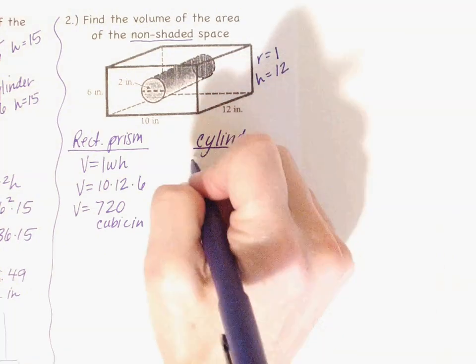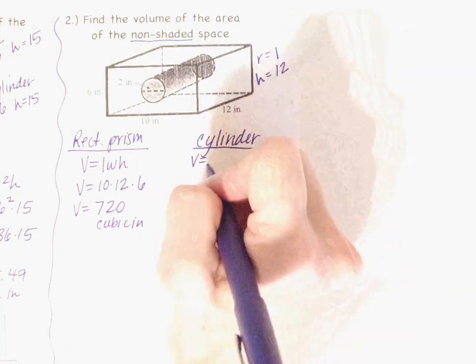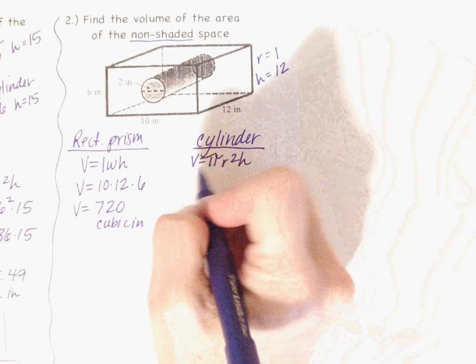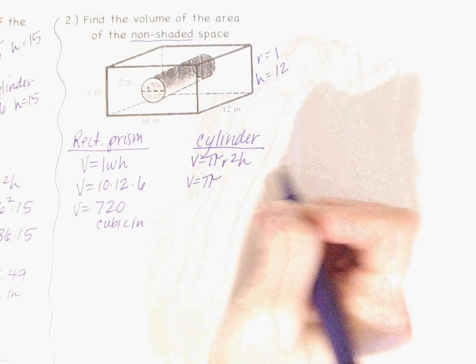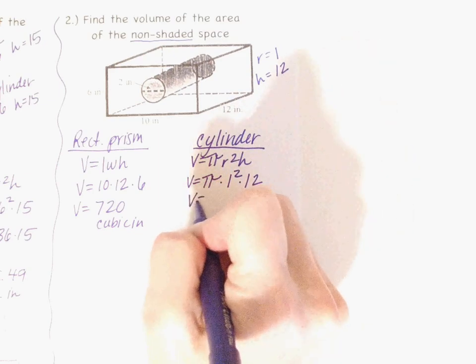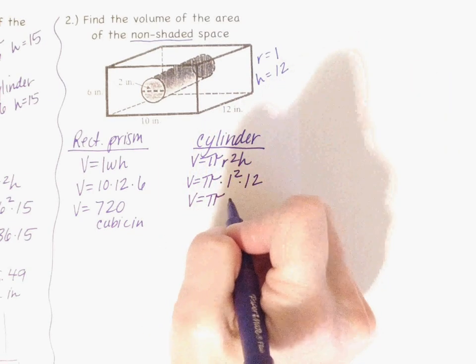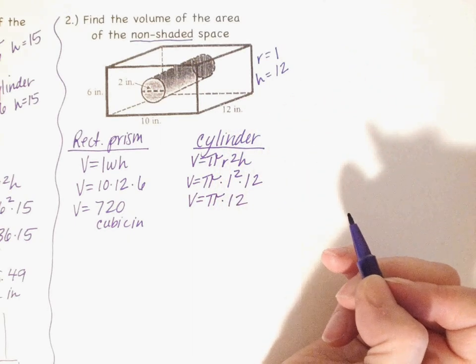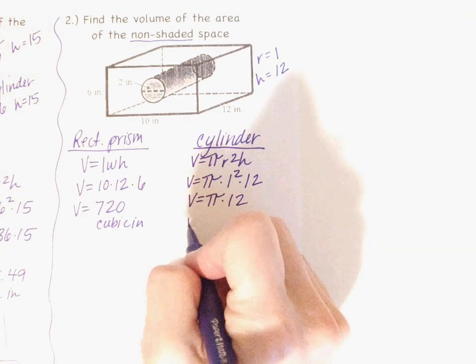All right, so now let's use the formula where volume is pi r squared times height. My radius is 1 squared, my height is 12. And when I multiply that together, well, I should have written it as 12 pi, so my bad.